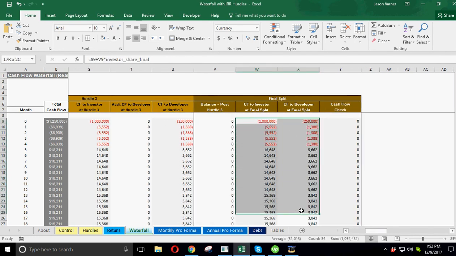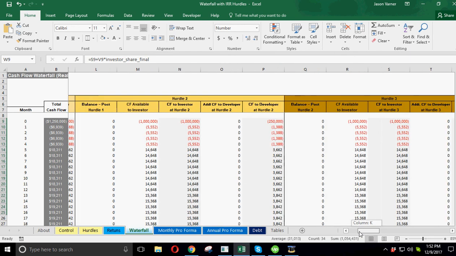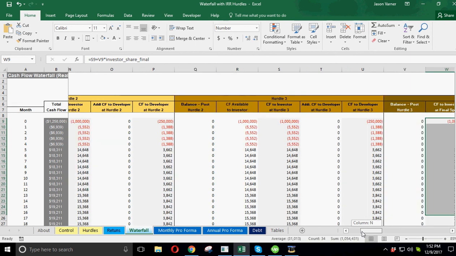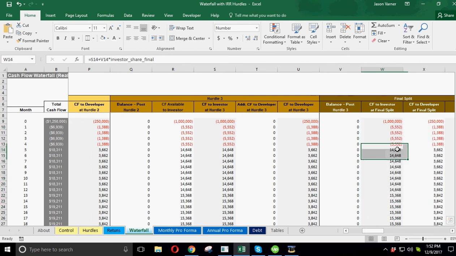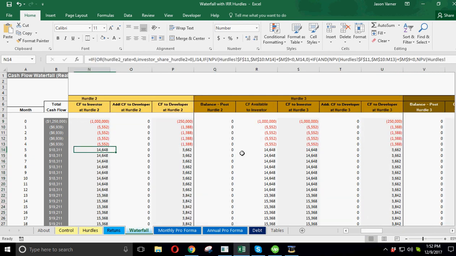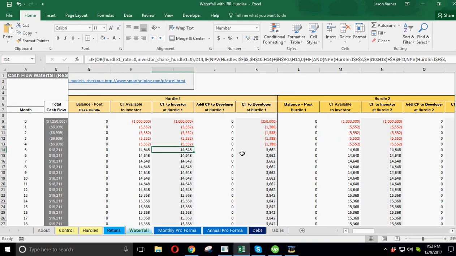This is going to match exactly, these are all the same. 16.6 and 14.6. Or sorry, 14.6 and 3.6. 3.6, 14.6, 3.6, 14.6, because nothing has changed.